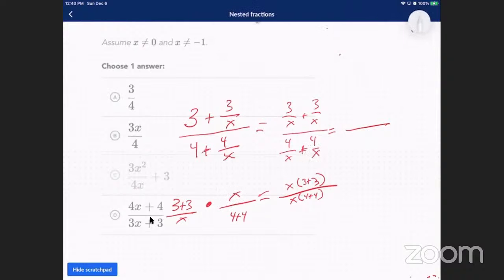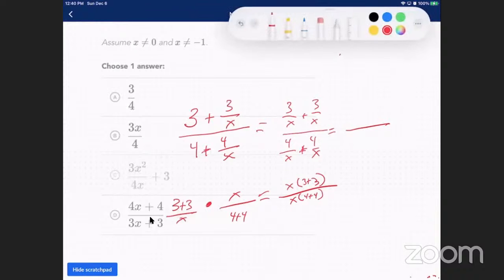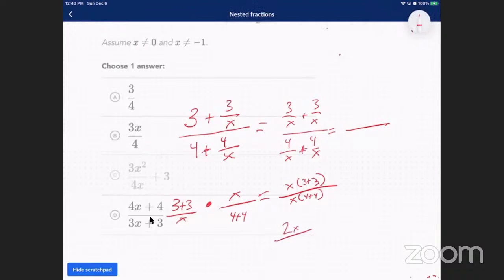And then you would have 3 plus 3 multiplied by 4 plus 4, which would lead you to 6 and 8. And that's 14. Well, no, 6 and 8 would be 56, right? 48. Let's just try that and see what happens.